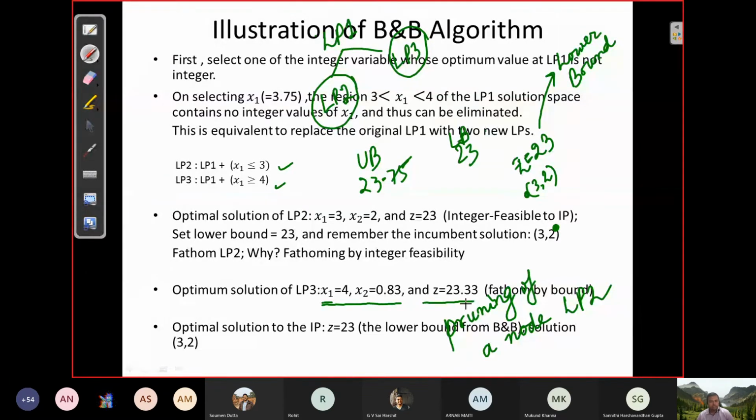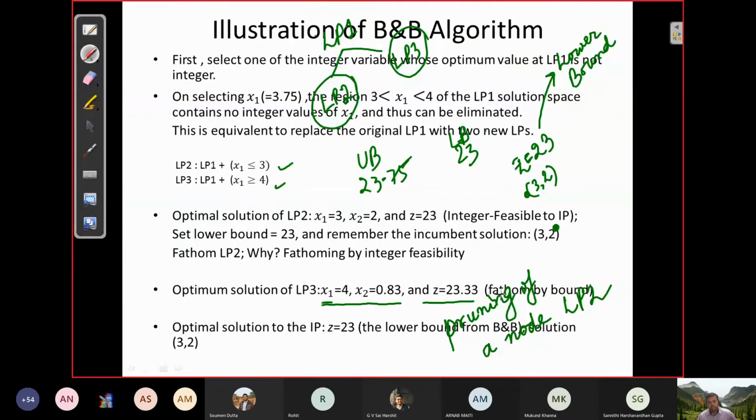This happens because of the objective function for this problem. But suppose you had fractional coefficients in the objective function, for example say 0.15 x1 plus 0.34 x2, then you might have to explore LP3, right? But now looking at the objective function, we can declare that there is no need to explore LP3.